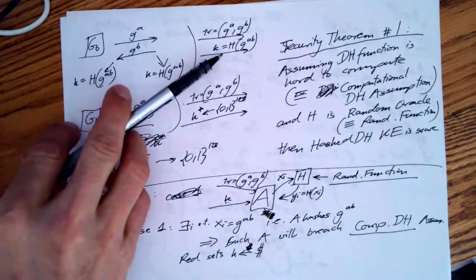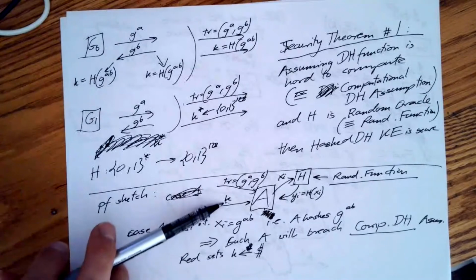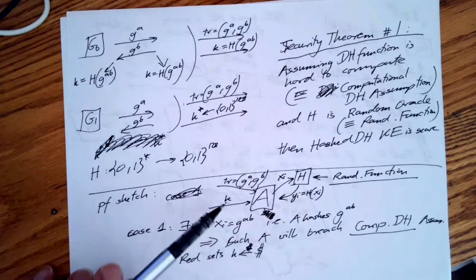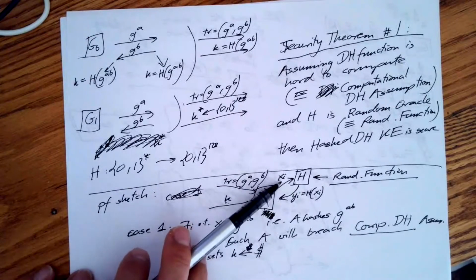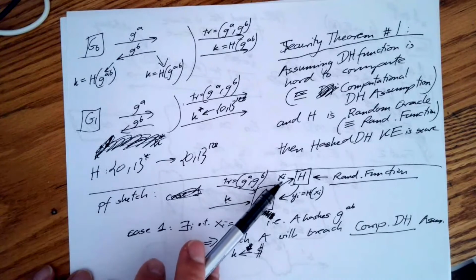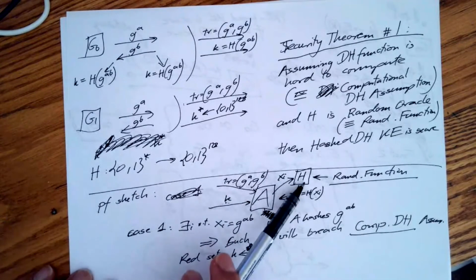Because if H is a random function, then you cannot tell anything about this value, which is an output of the random function, before you query the input, right? Outputs of the random function are just random values unless you query the pre-image of H to this box.